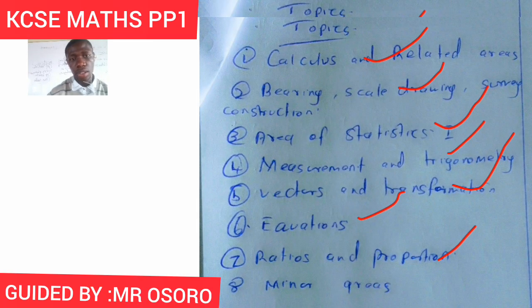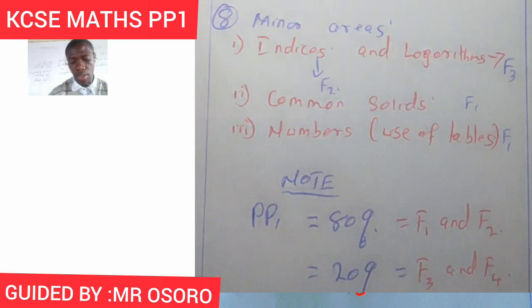We also have other areas that are normally tested. We call them minor areas. We have other minor areas that are normally tested. Number 1 is indices and logarithms.